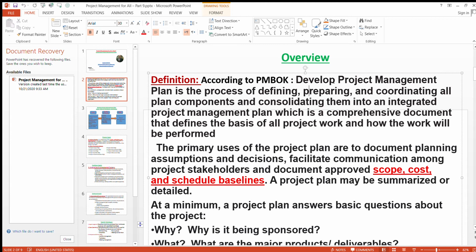So there are so many plans, and we're going to go into little detail on these plans later on.